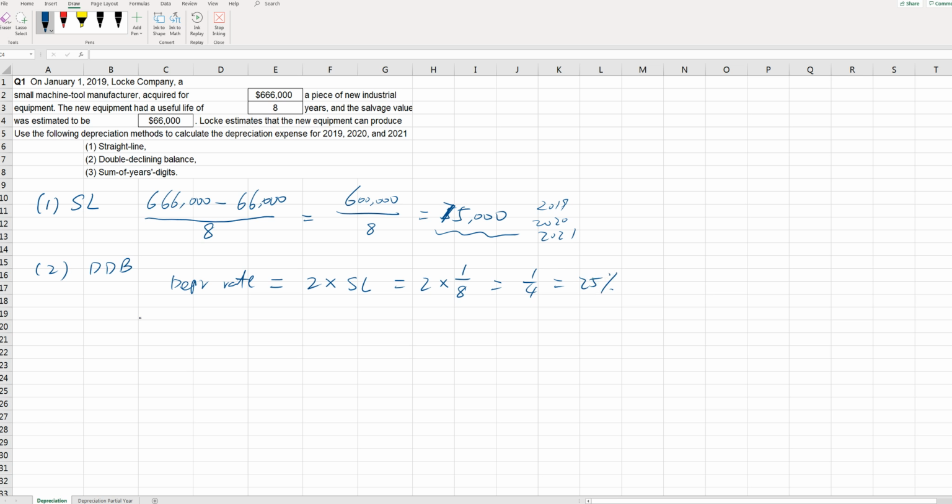So we're going to apply the 25% depreciation rate not on the base anymore, but on the book value. At the very beginning, the book value equals its cost.